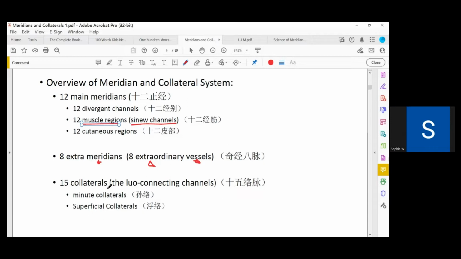15 collaterals, or sometimes called the connecting channels.